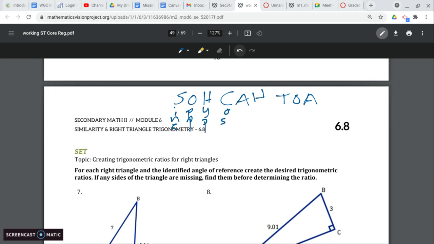This is cosine, which is adjacent over hypotenuse. And this is tangent, which is opposite over adjacent.